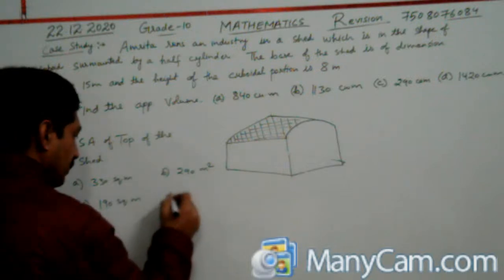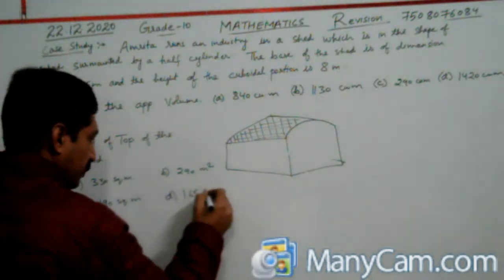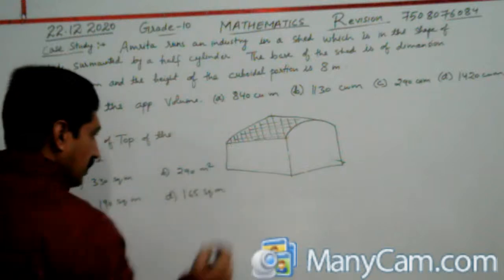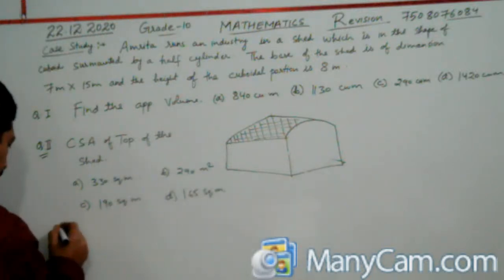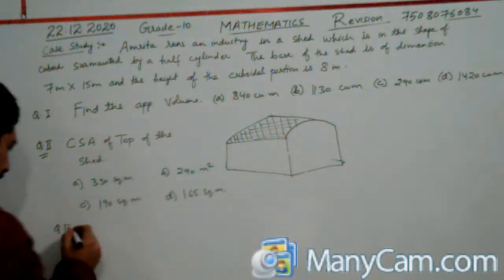B is 165 square meters. Third one, question number 3.